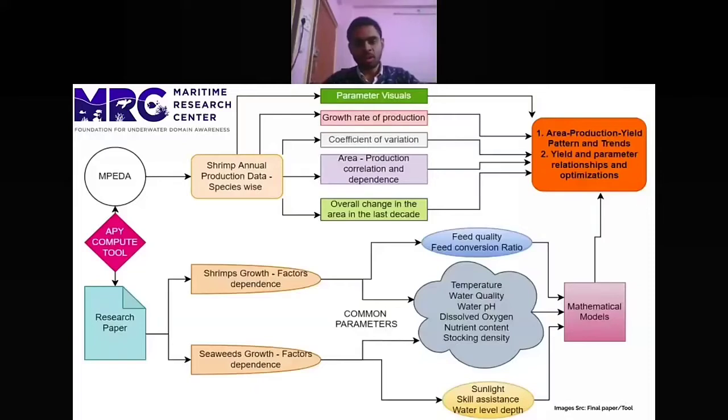Third is the area, production, correlation and dependence. If area and production are highly correlated or highly dependent, that means in the near future, because we have already talked that we are using 10% of the area, we have a certain amount of area which we can use to enhance production. But the area is not unlimited.